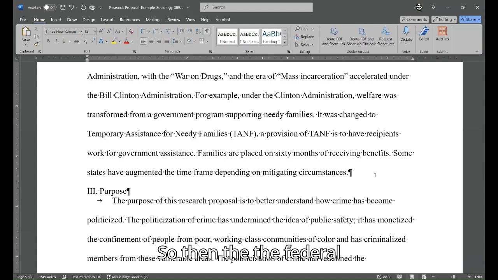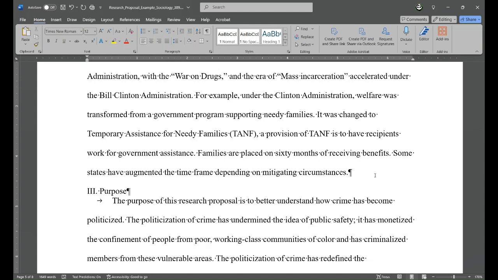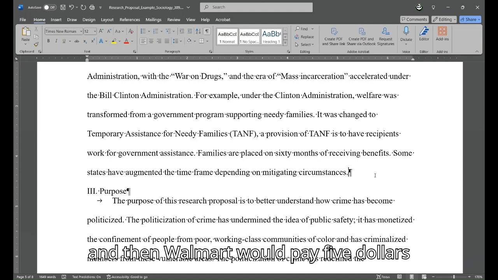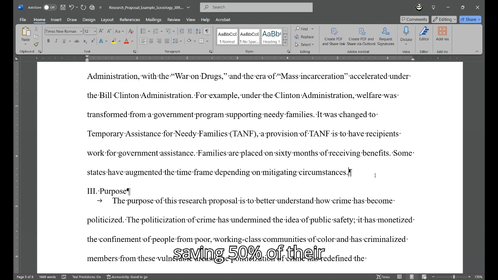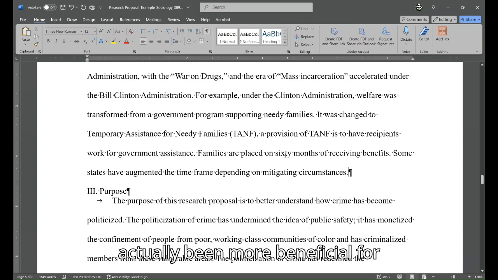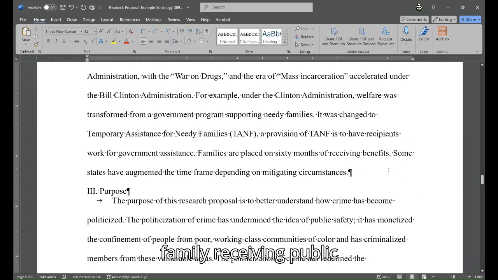Then the federal government would pay $5 an hour, and Walmart would pay $5 an hour, but they're actually saving 50% of their expenses on paying that particular worker. Right. So it's actually been more beneficial for transnational corporations than for the family receiving public assistance.